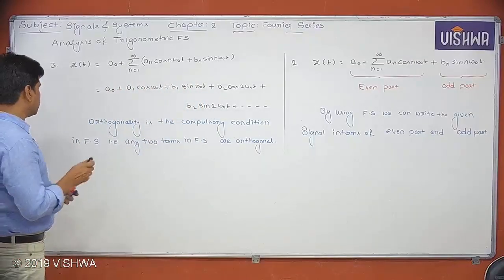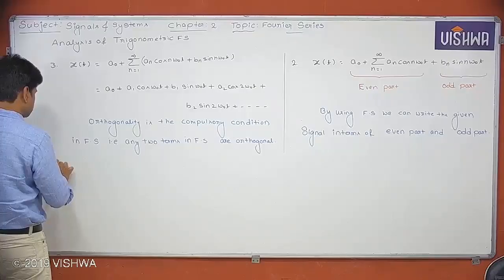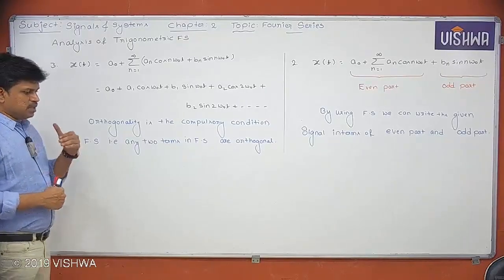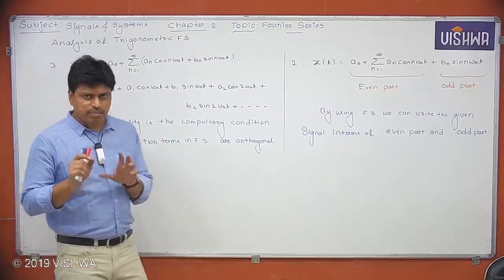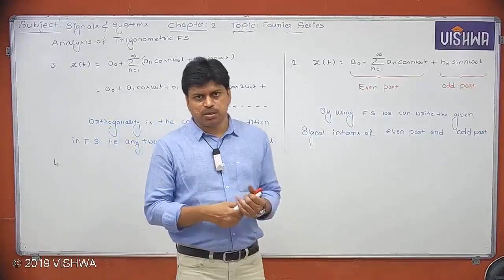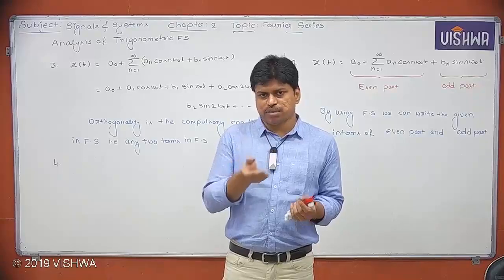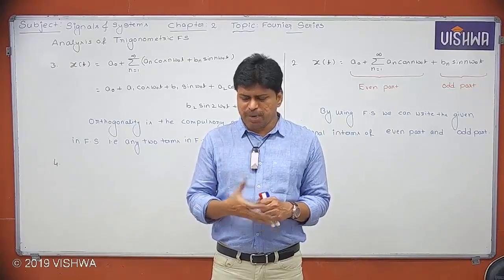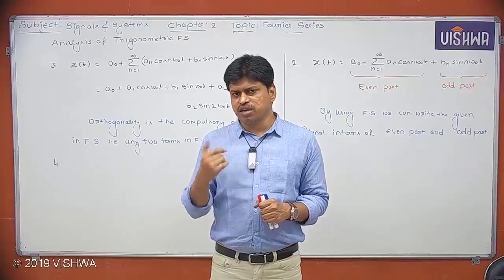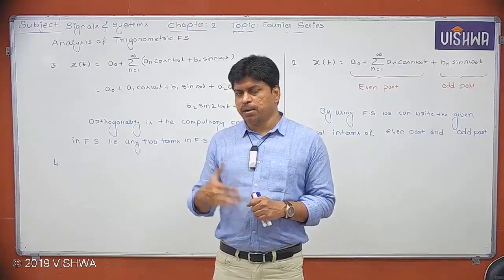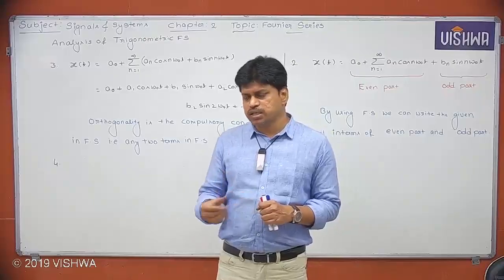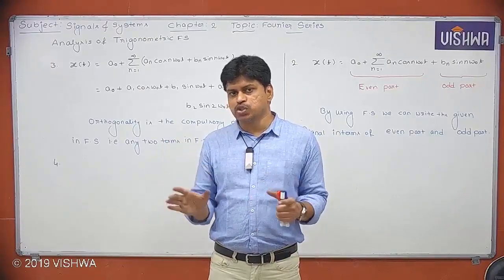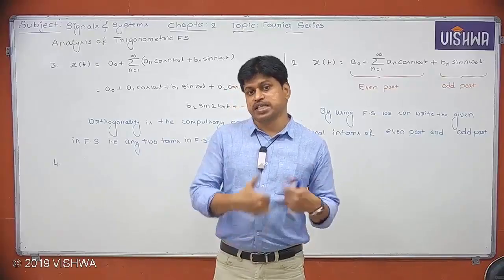Next, last one, fourth point. Now, let's say I consider a non-sinusoidal periodic signal, let's call it a square wave. The square wave has some time period, and by inverting it I can get some frequency. So it is a single-frequency non-sinusoidal signal. But by using Fourier series, we are converting a single frequency of a non-sinusoidal signal into infinite frequencies of sinusoidal signals.